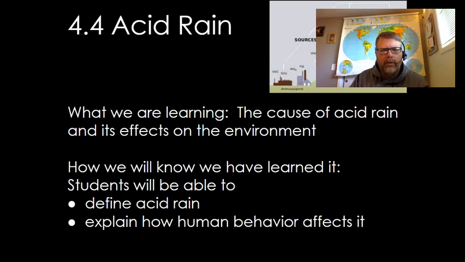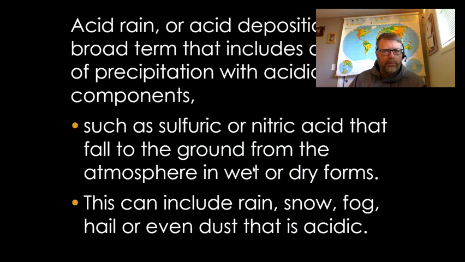And we'll know we have learned it because you will be able to define acid rain and explain how human behavior affects it. Okay. So acid rain or acid deposition is a broad term that includes any form of precipitation with acidic components. So you could have acid snow, you could have acid sleet.